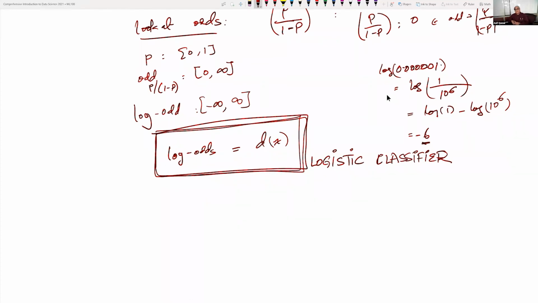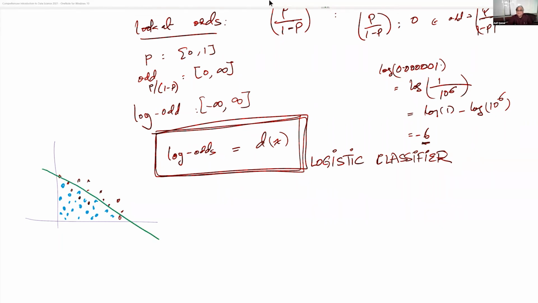When you put it next to that picture, let me draw the picture again. My blueberries over here, right? And my grapes were here. And we realize that what we are searching for is a distance from the decision boundary. This is distance.